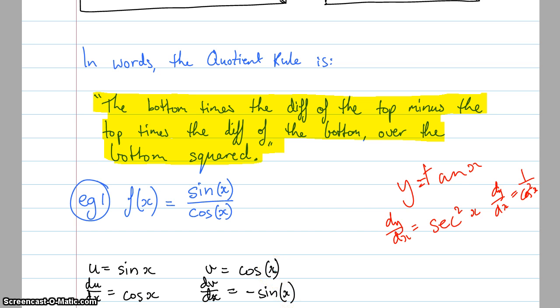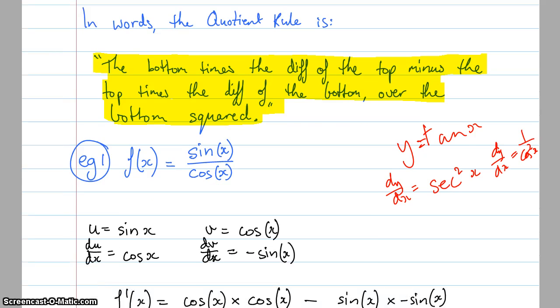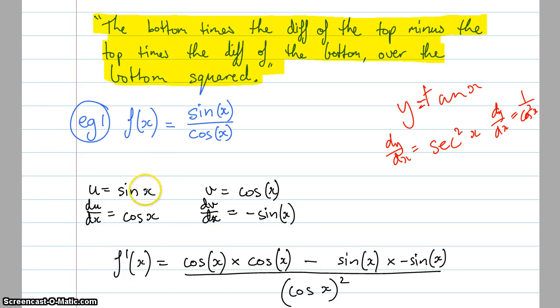Then I use the quotient rule. It's the bottom, which is cos x, multiplied by the diff of the top, which is cos x, minus the top, sine x, multiplied by the diff of the bottom, which is negative sine x, all over the bottom squared, which is cos x squared.